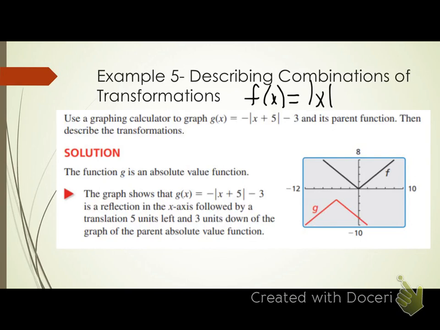So the graph shows that g of x equals the negative absolute value of x plus 5 minus 3 is a reflection over the x-axis, followed by a translation 5 units left and 3 units down of the graph of the parent absolute value function. We okay with that? Did it stretch or shrink it at all?